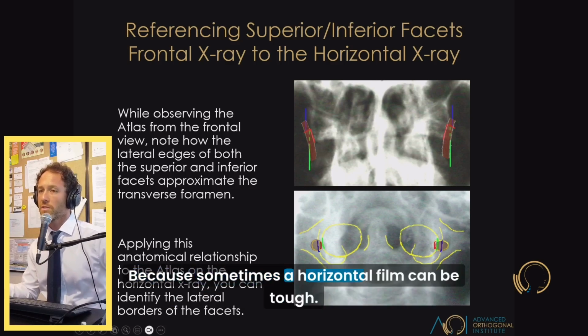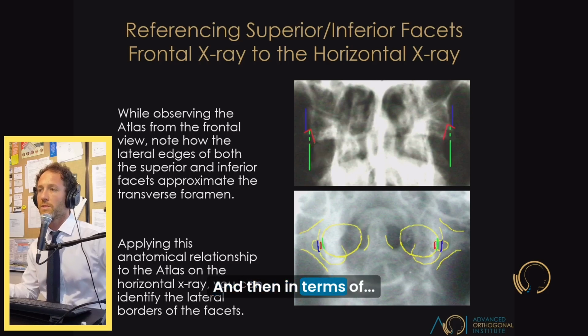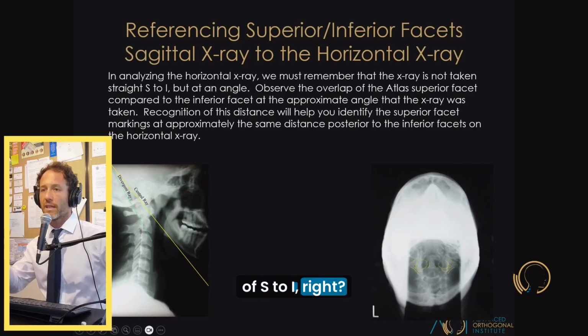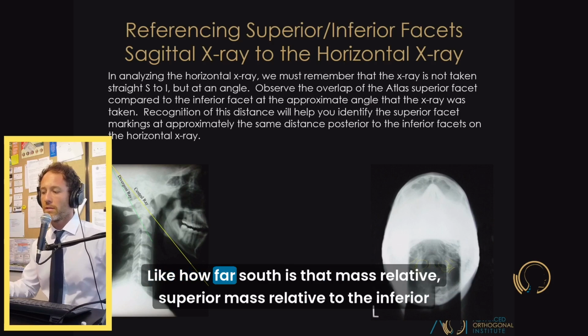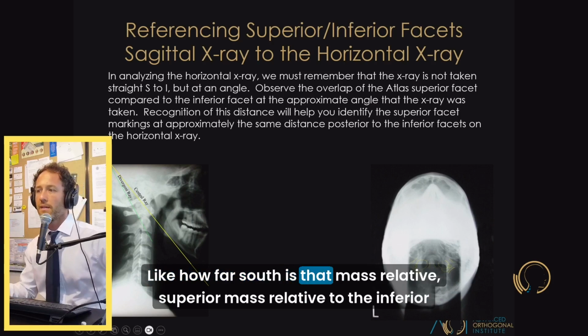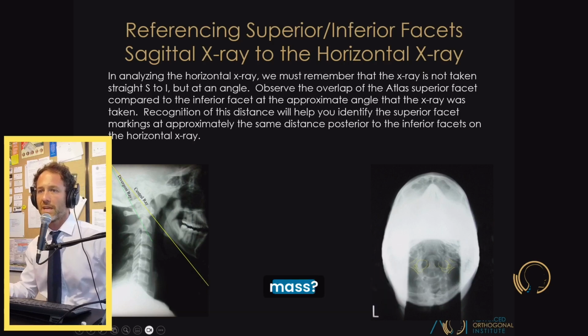Because sometimes a horizontal film can be tough. And then in terms of S to I, right? How far south is that superior mass relative to the inferior mass?